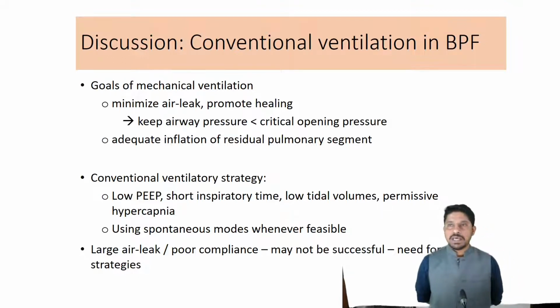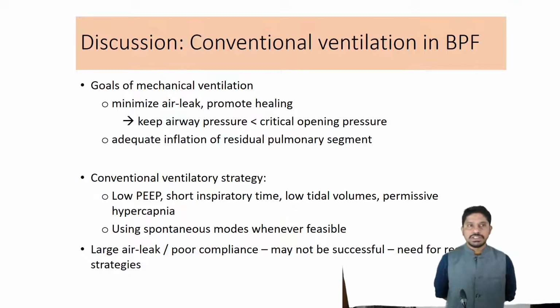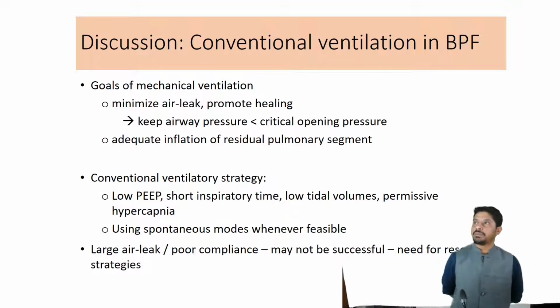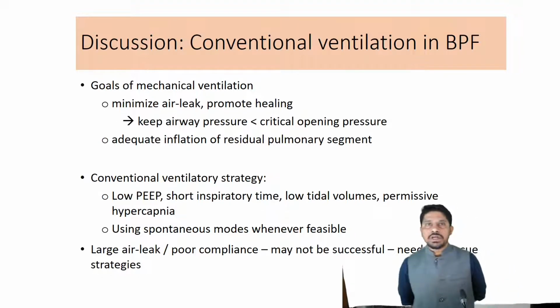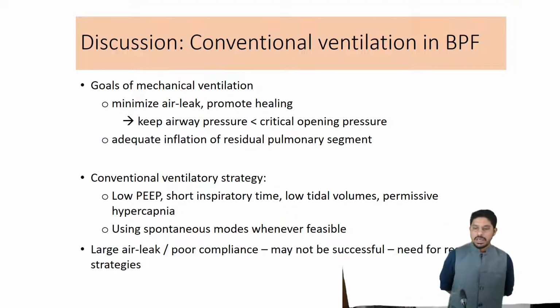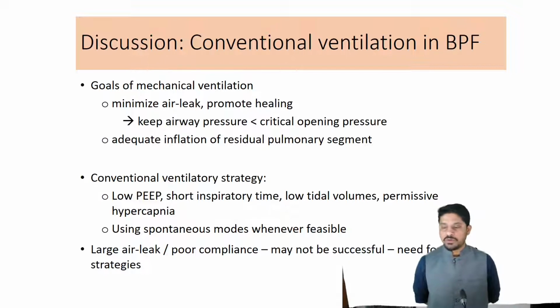At the same time, this gentle ventilation should achieve adequate inflation of the residual pulmonary segments. The conventional ventilatory strategy includes low PEEP, short inspiratory time, low tidal volumes, and accepting a degree of hypercapnia, because we don't want to overventilate the patient. And we should use spontaneous modes whenever feasible.